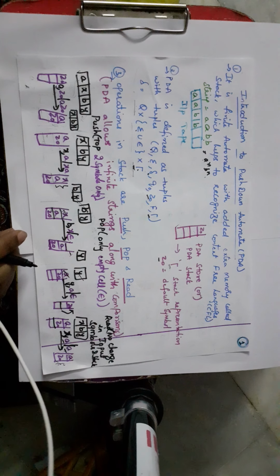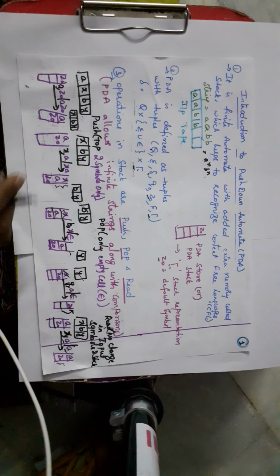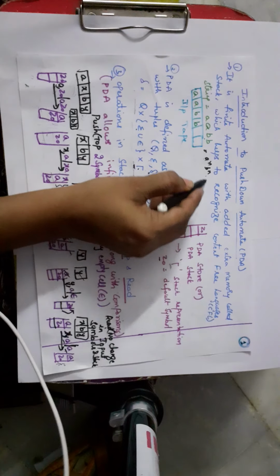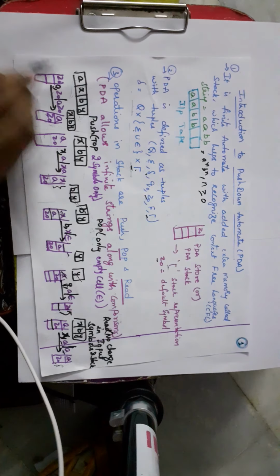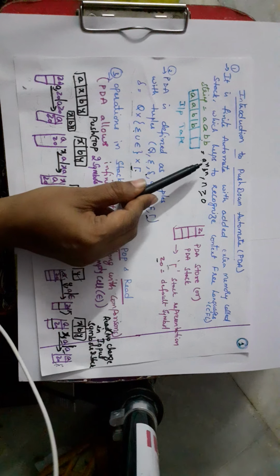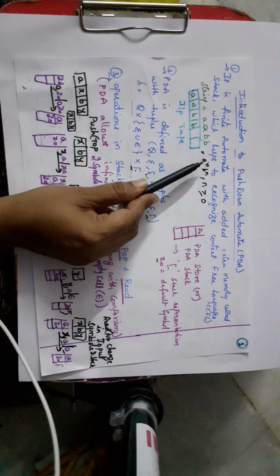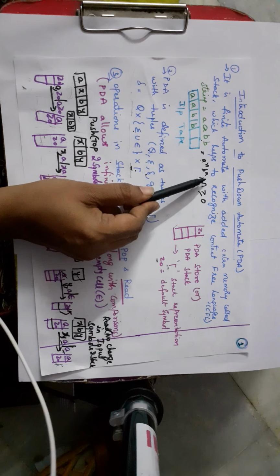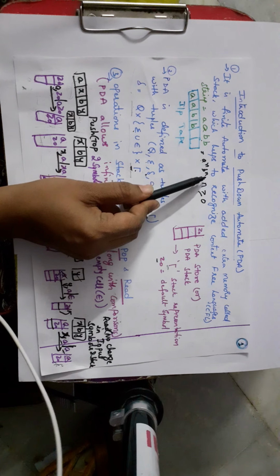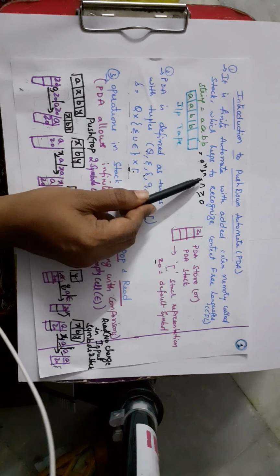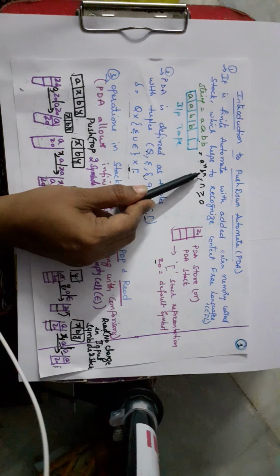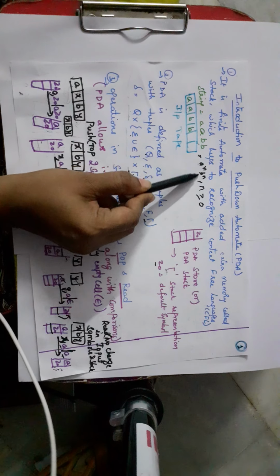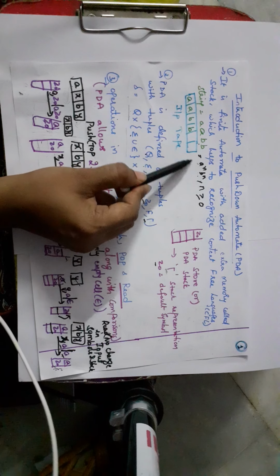But whenever there is a string where you need to compare, like a language is given like a power n, b power n, and if it is given like n greater than or equal to 0 up to some extent of n, that is like a power 5 or b power 5 or a power 100, b power 100, wherever n is given as countable, where n is given as some specific number, finite automata will accept this and it will pass this string through the input tape, where it reads each and every symbol, it cross checks with this language and it passes.